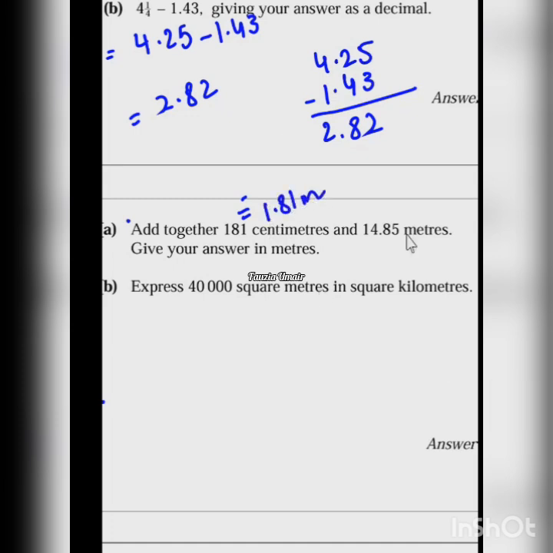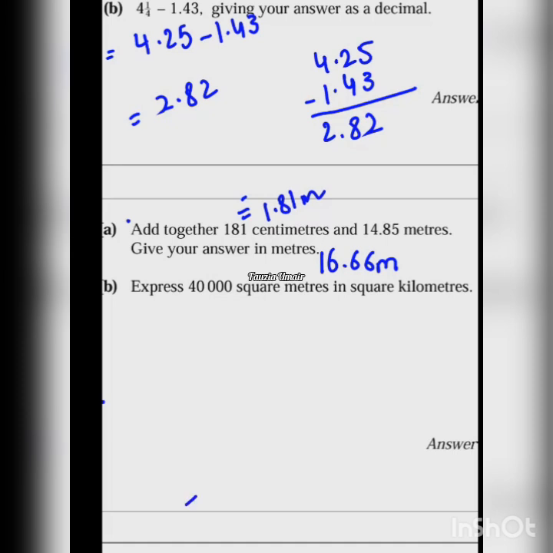So now it's very simple. Just add 14.85 and 1.81. What will be the answer? 15.66? 15 or 16? 16 point, there was a carry also. 16.66 meters is your answer.